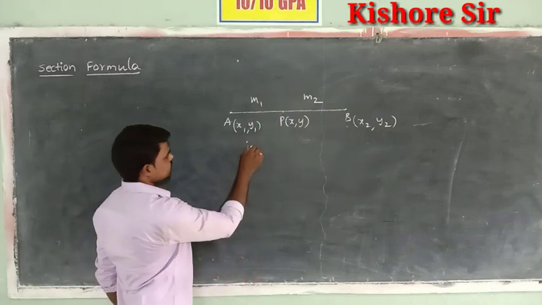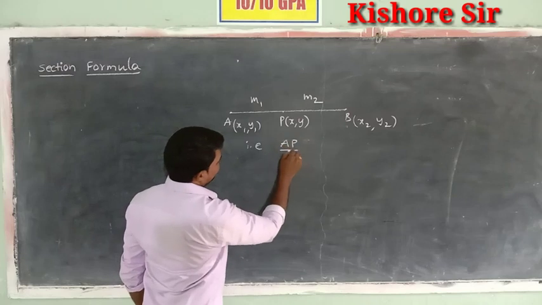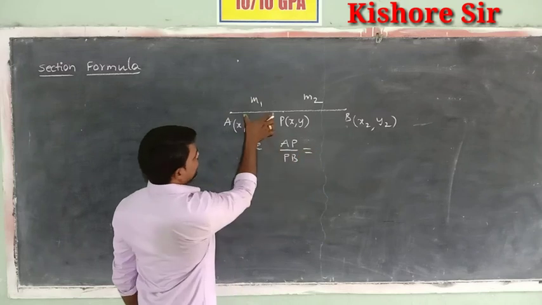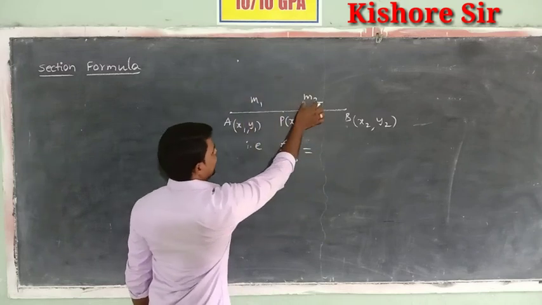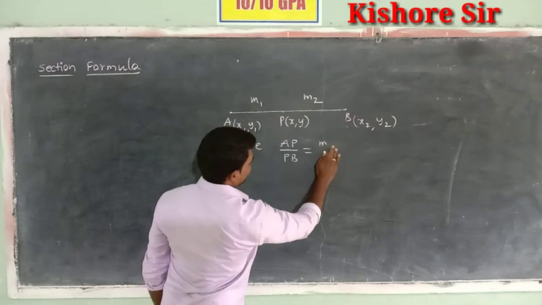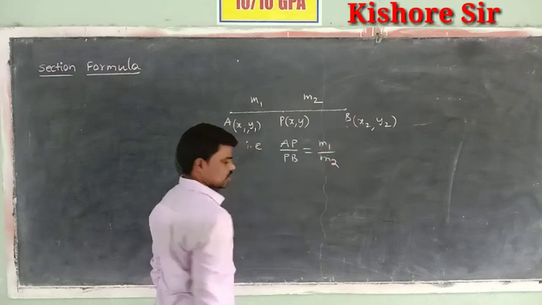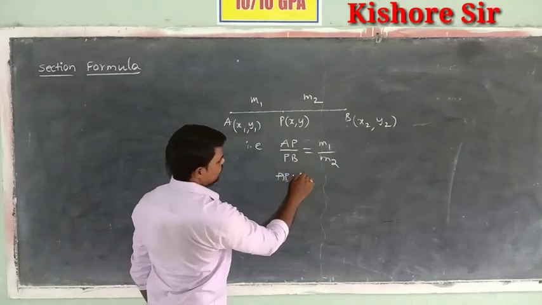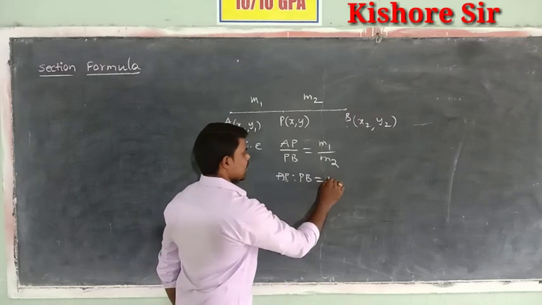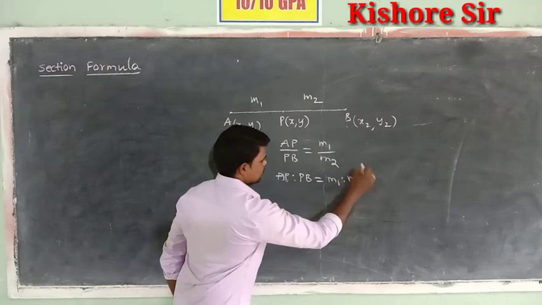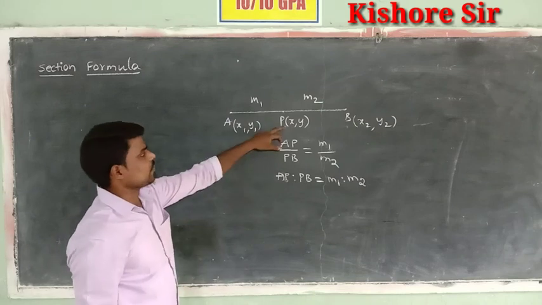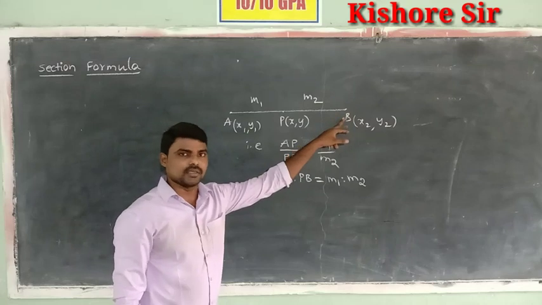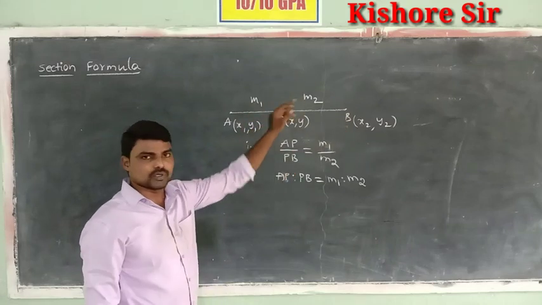That is, AP by PB is equal to m1 by m2. So you can read it as AP is to PB is equal to m1 is to m2.